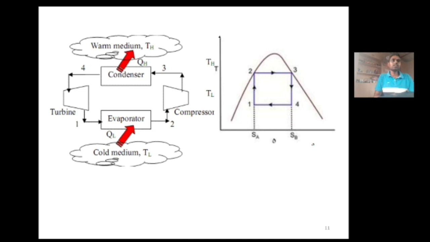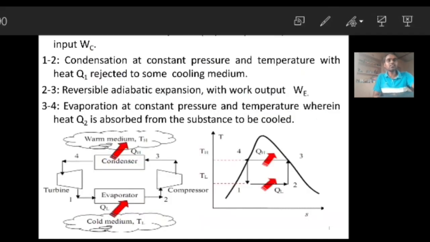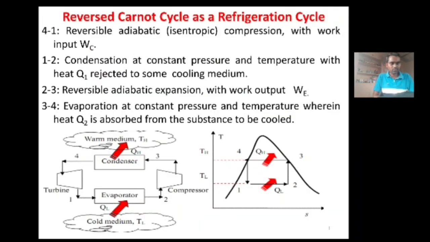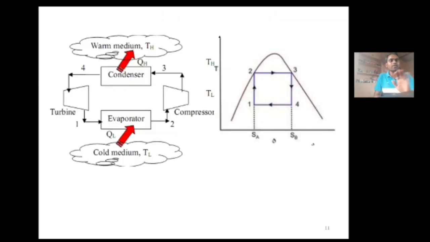Here I have made a slight difference in the TS graph. Again, I have only changed the notations 1, 2, 3, 4 because I have made it clockwise. If you observe here it is anti-clockwise. Just for the purpose of easiness I have made them clockwise.